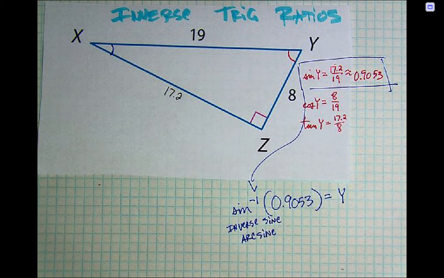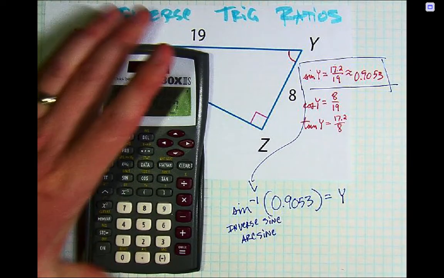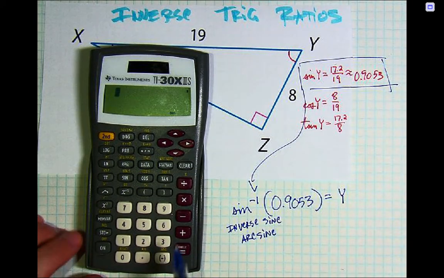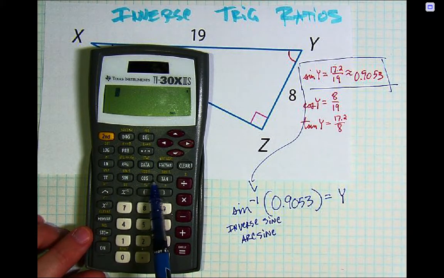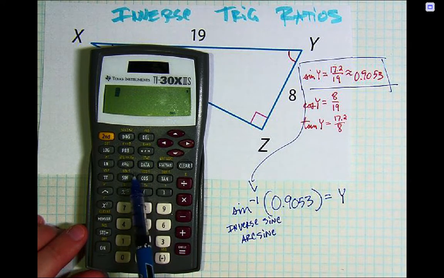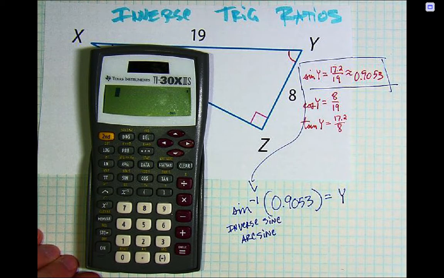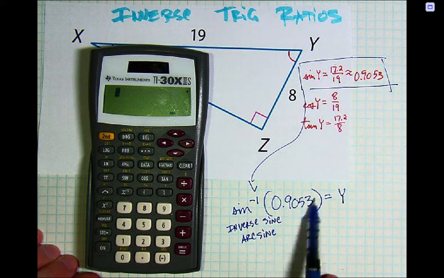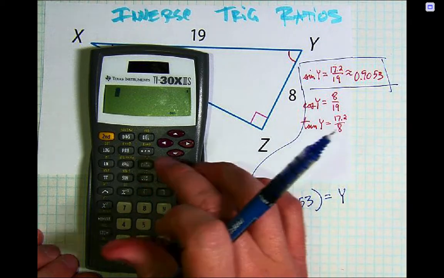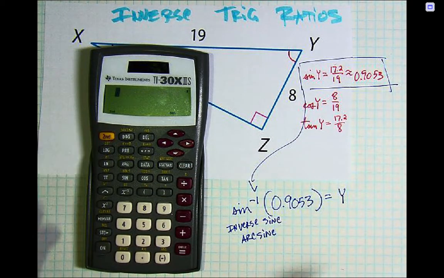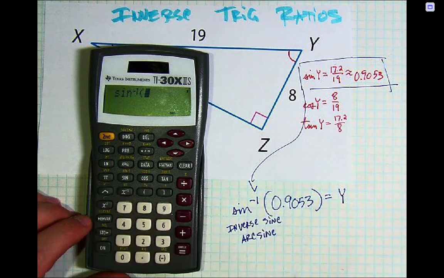And what do you know, but on my calculator, above my sine and cosine and tangent, if I look really carefully, I've got a little sine -1, cosine -1, and tan -1. And that means I can do this on my calculator. So on my calculator, I'm going to hit second, or maybe shift on some of your calculators.